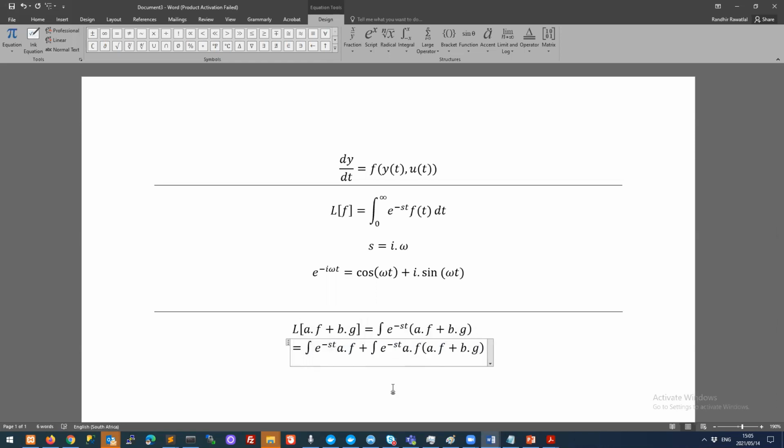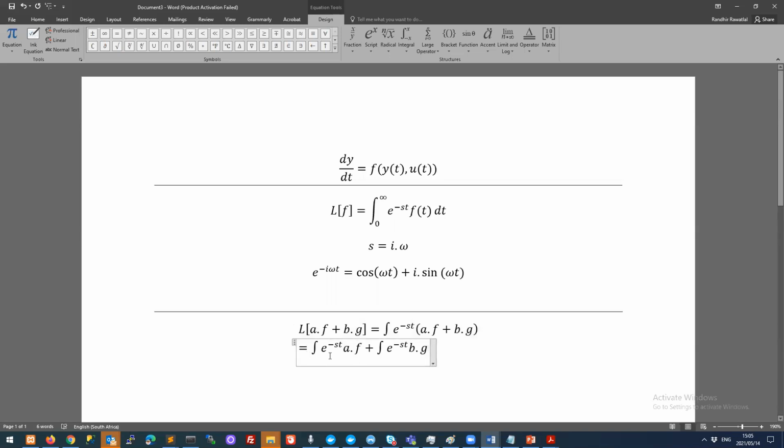So you can write this plus this, so this is B times G, and then you can take the constant out here in front, A times the integral of that plus B times the integral of that.